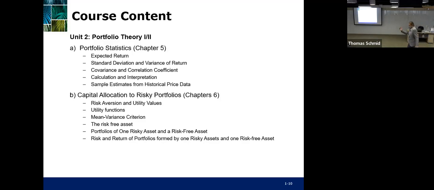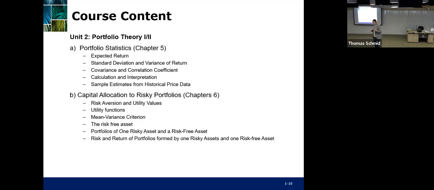So if you have a specific combination of risk and return, let's say an expected return of 5% and a risk of 20%, so standard deviation of 20%, expected return of 5%. This investment, this risk-return combination, is not equally attractive to all people, right?